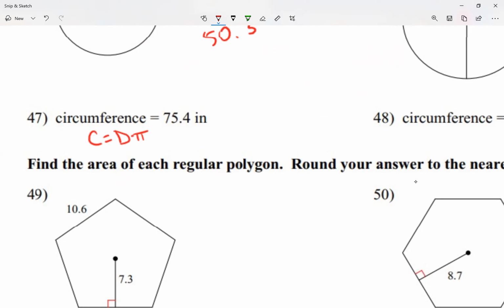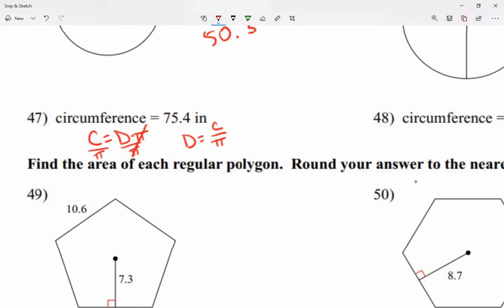So if that was said, I can say that diameter is circumference divided by pi. Right? Because divide both sides by pi. So my diameter is circumference divided by pi. I can get my radius from my diameter.